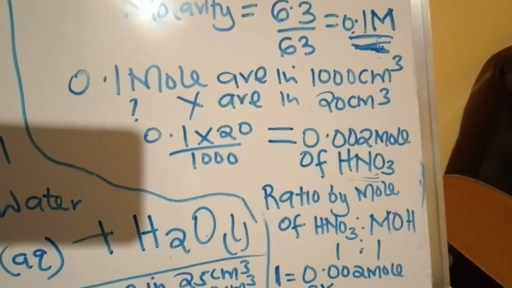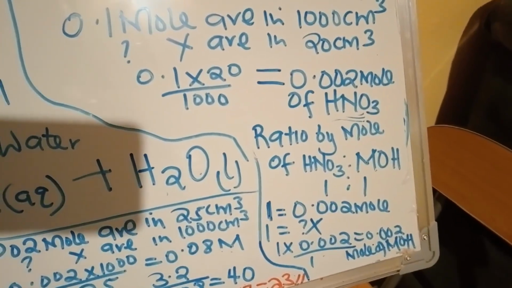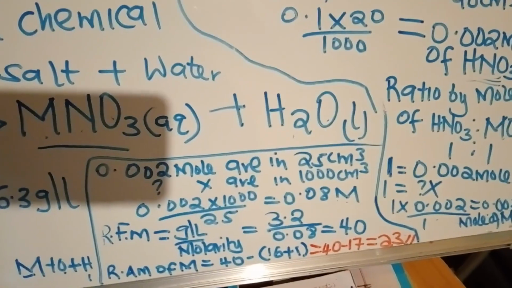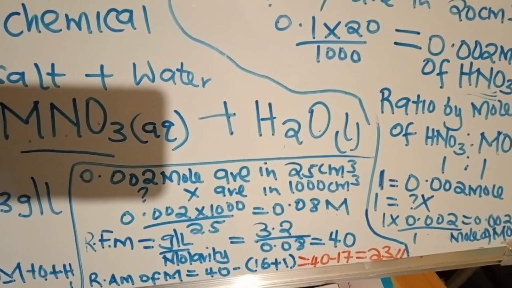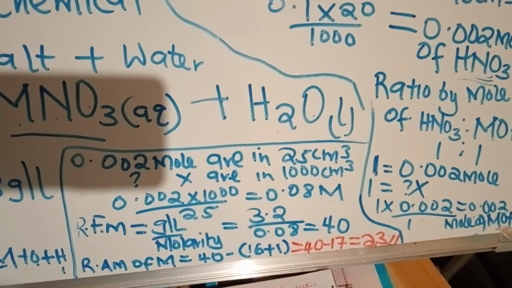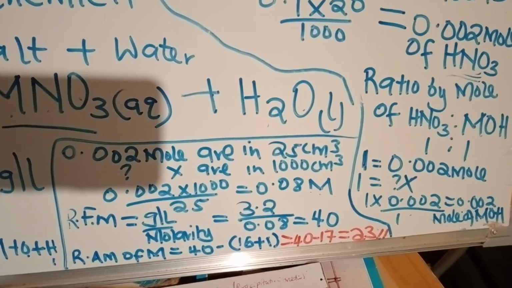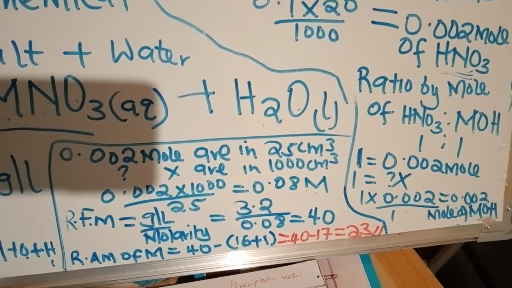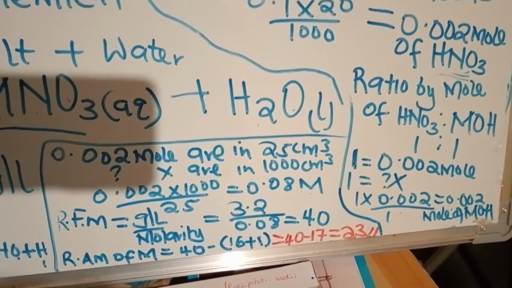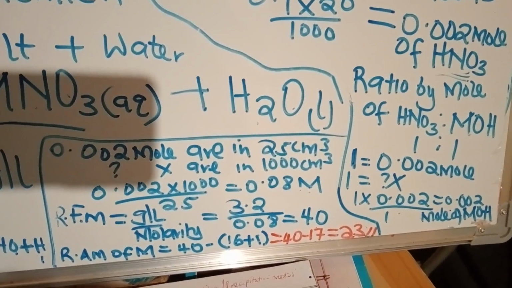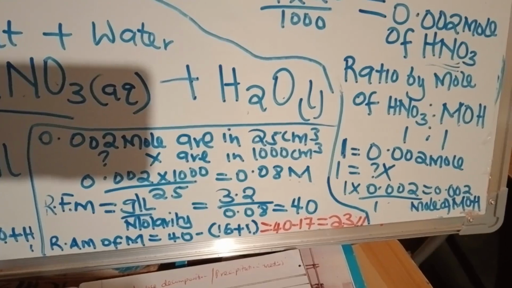Ratio by mole, we got the mole of MOH. We came here and got the molarity, used the formula R.F.M equals gram per liter over molarity. We got the molarity 0.08, the gram per liter is 3.2, so the R.F.M is 40.